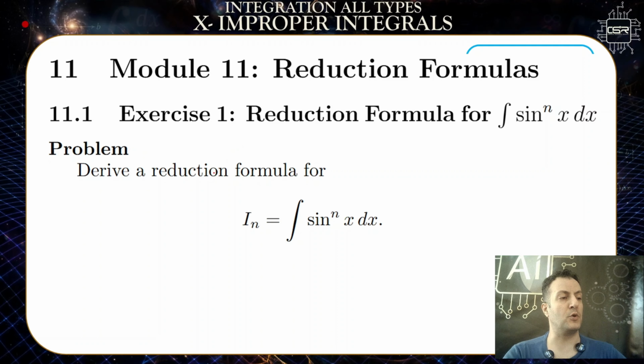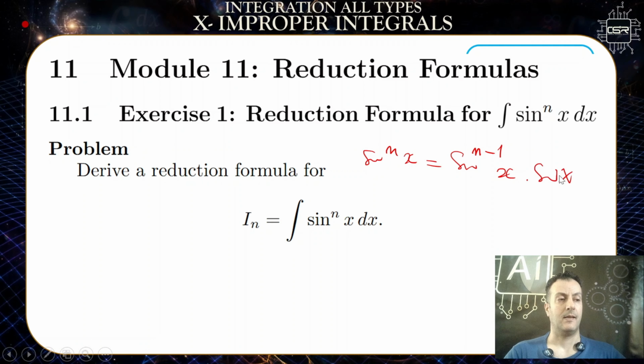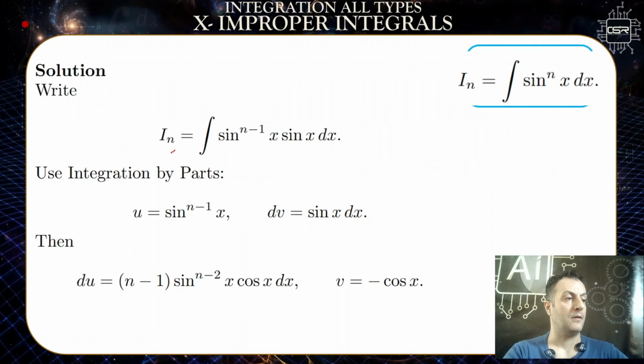Derive a reduction formula for I_n equal integral sin to the power of n x dx. Now, sin to the power of n x can be written as sin to the power of n minus 1 x times sin x. Okay, so let's use integration by parts. u equal sin to the power of n minus 1 x, dv equal sin x dx.